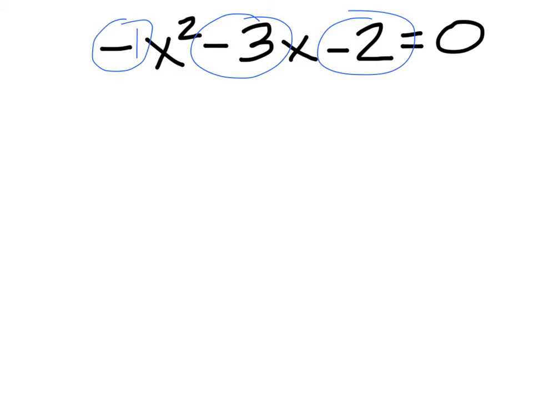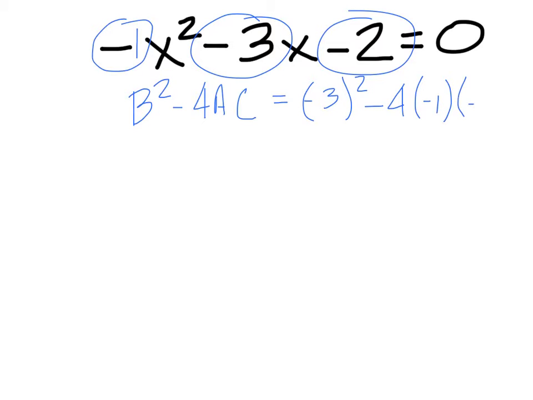We want to find out if it's going to be a complex or a real answer. So we use the discriminant, b squared minus 4ac. And b is negative 3, so we square that. Minus 4 times negative 1 times negative 2 for the ac.